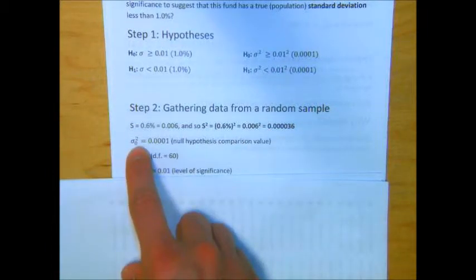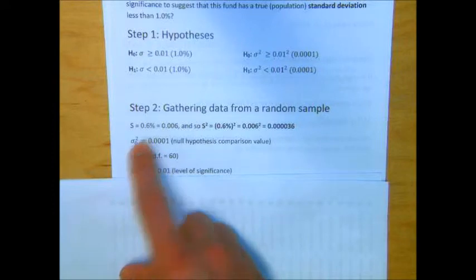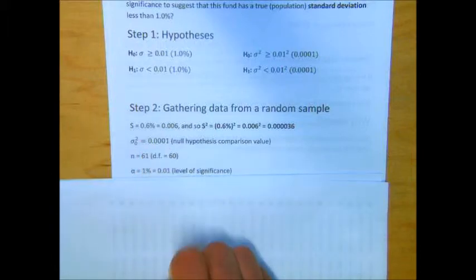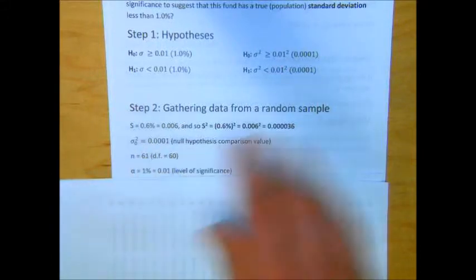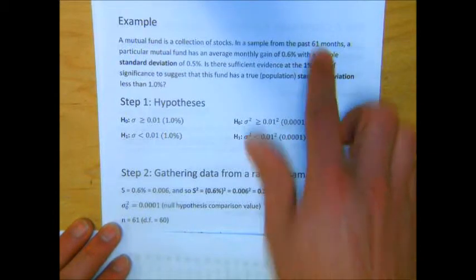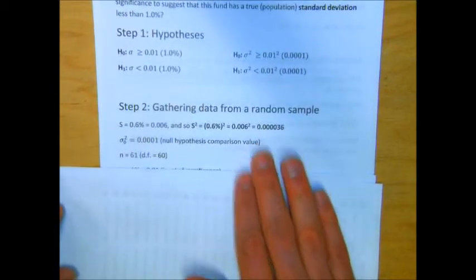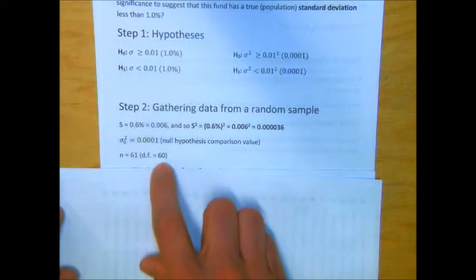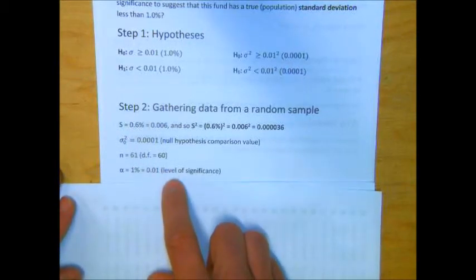Note that our null hypothesis value that we got in the step above is 0.0001. Our sample size came from the wording that we're looking for a sample from the past 61 months, and we're looking at a month-to-month standard deviation. So our sample size is 61 with 60 degrees of freedom. And I told you to test at the 1% level of significance.